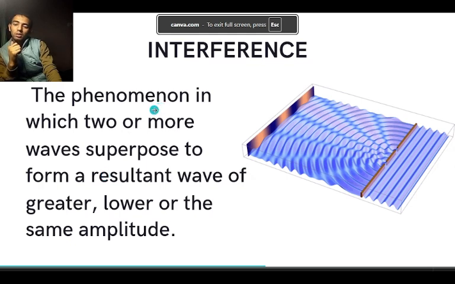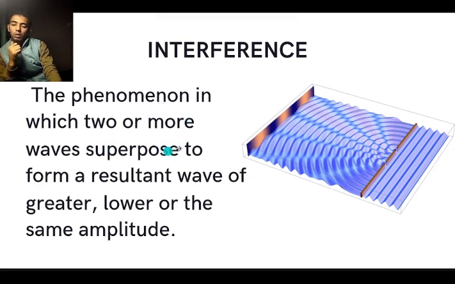Interference is a phenomenon in which two or more waves are superposed to form a resultant wave of greater, lower, or the same amplitude. So in interference the waves are superimposed, and due to which they create a resultant wave which is either greater, lower, or of the same amplitude.